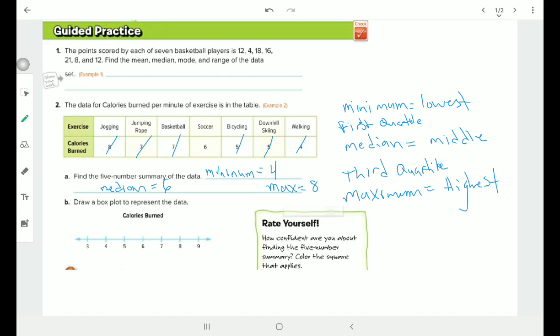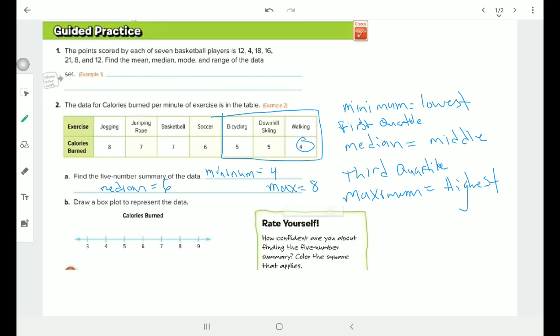Right? And now we can use that data set to find the first quartile and the third quartile. So to find the first quartile, remember that's the median from the lowest to the median, right? And we don't include the median, so we're actually just looking at this part here.